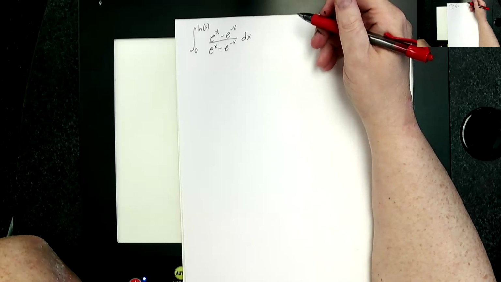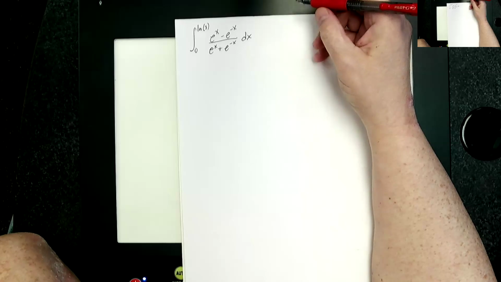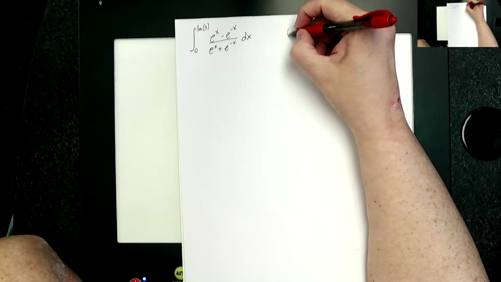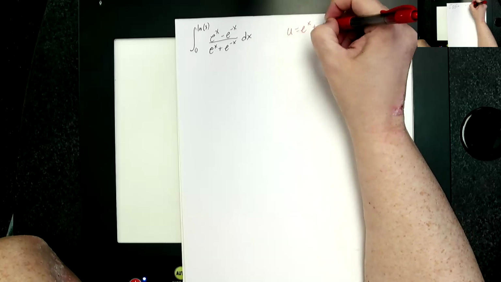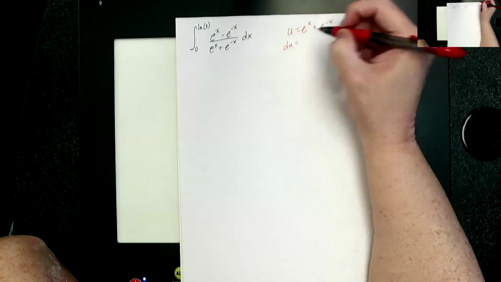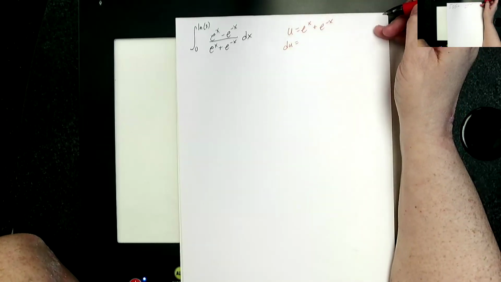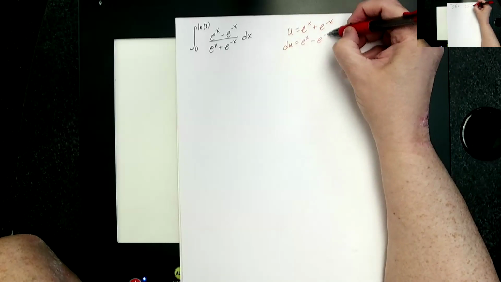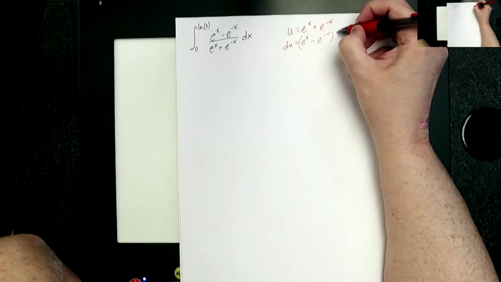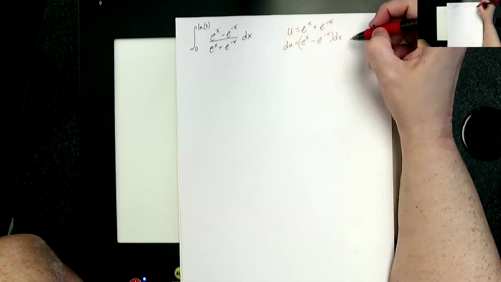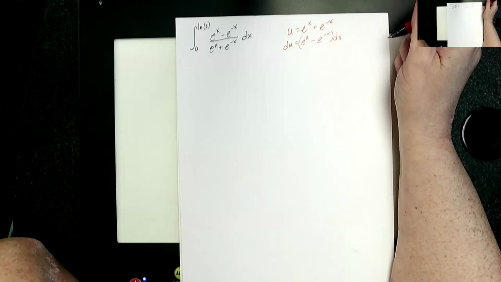What kind of u-sub? u equals e to the x plus e to the negative x. Let's take a look. What's du here? I'm going to put that in parentheses, because we would really have a dx on each of these, but I'm going to factor the dx out.